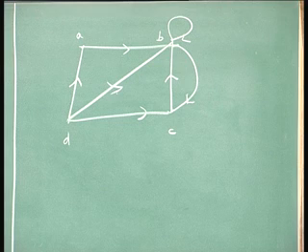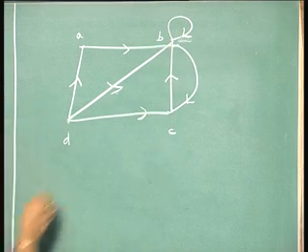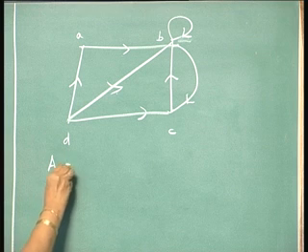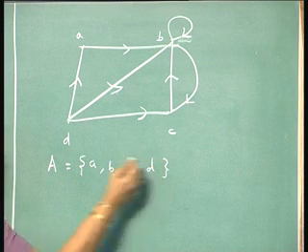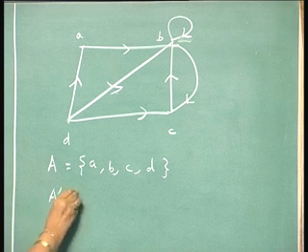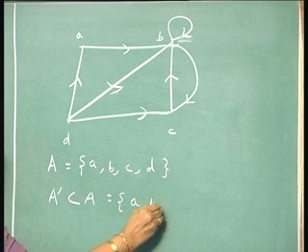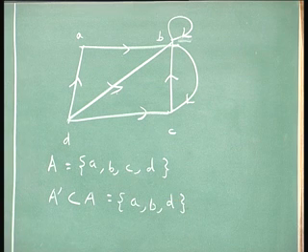This is a directed graph. Now, A consists of A, B, C, D. Take A dash, which is contained in A, to be just A, B, D. Then this is a subgraph.